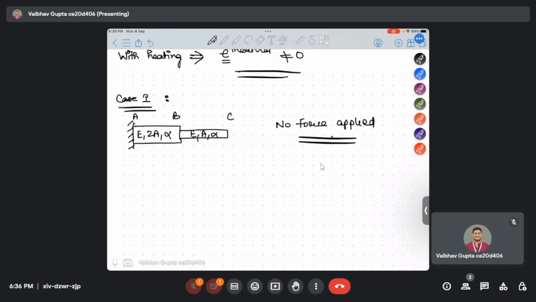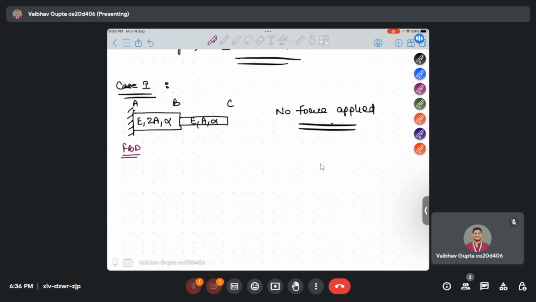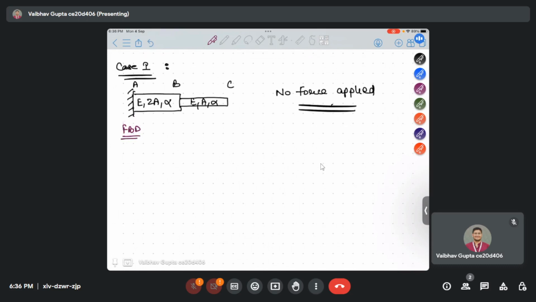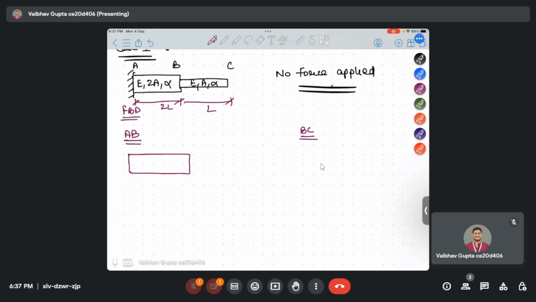Okay. So now again we'll draw the free body diagram. See, why I am drawing the free body diagram again stepwise is that this is the most important step to see how we have to proceed further. Member AB, member BC. I forgot to mention the length, 2L and L for BC. So for member AB, E 2A alpha, length is 2L.